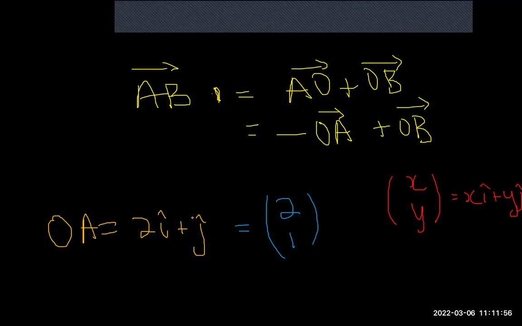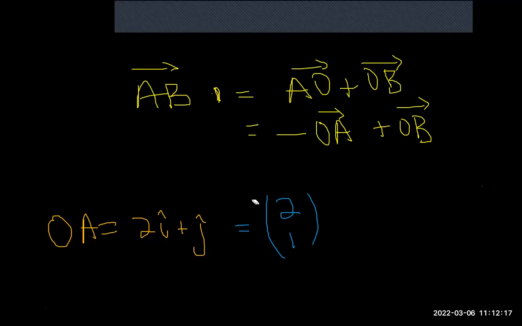Therefore, saying 2i hat plus j hat is the same as saying 2, 1 as a column vector. So because we didn't do unit vectors yet, I expected you to rewrite this as a column vector, because you know what to do with those. We haven't really dealt with unit vectors yet. That's one way to do it.